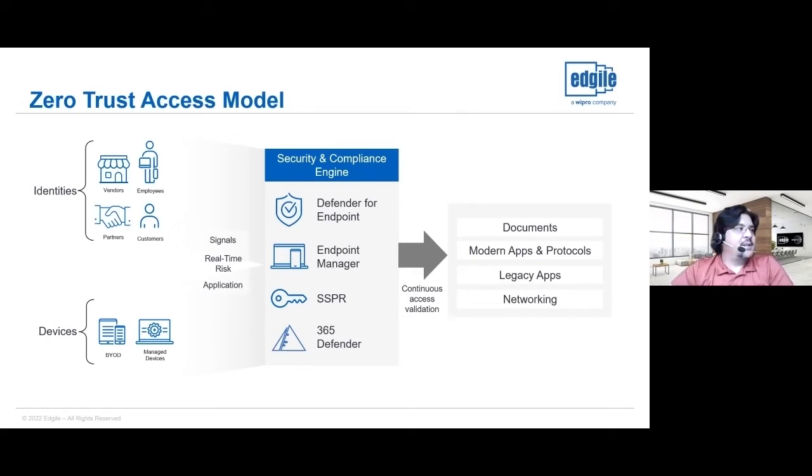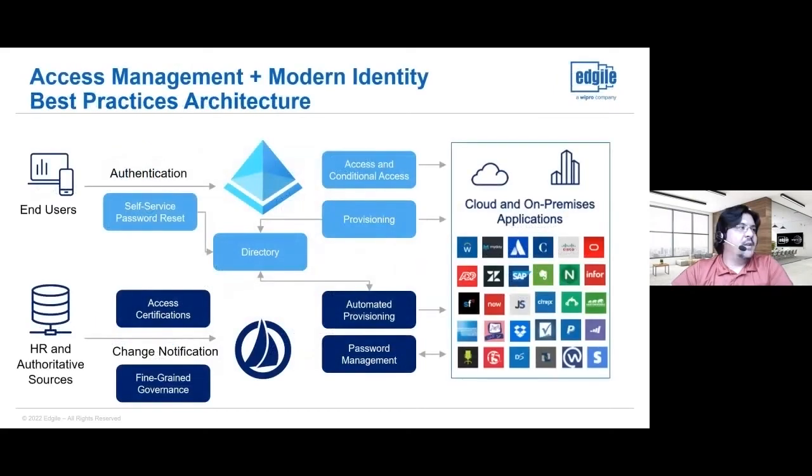So if we move on to the next slide, we'll see how all that plays into the identity solution. Here at the bottom, we have our foundation for Zero Trust. What is our foundation for Zero Trust? It's identity. We know who should have access because we have the authoritative sources telling us, whether it's HR, or our vendor lists, or our customer databases, depending on what the access request is for.